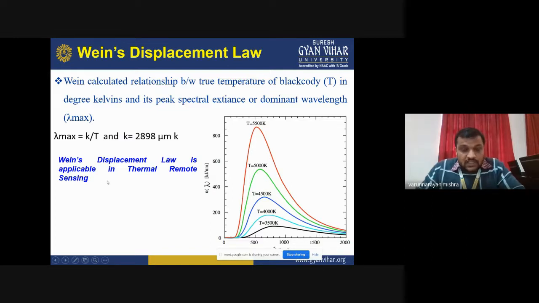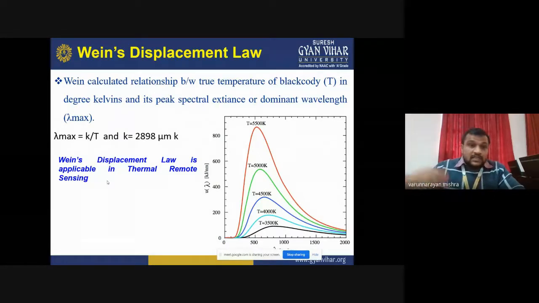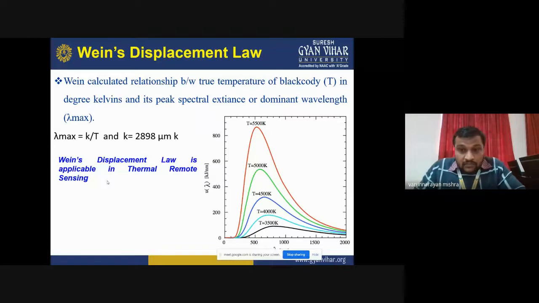Okay, so Wien's displacement law is very important in the thermal remote sensing process. It helps us see the relationship between the temperature of the body and the amount of energy radiated from that object at a certain wavelength, which is considered the dominant wavelength, lambda max.